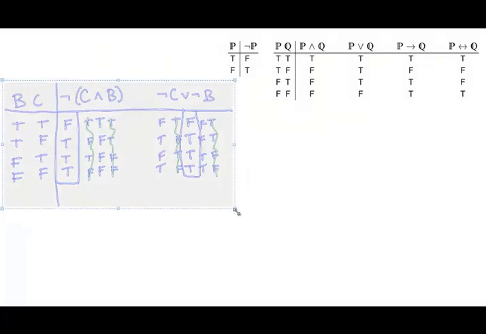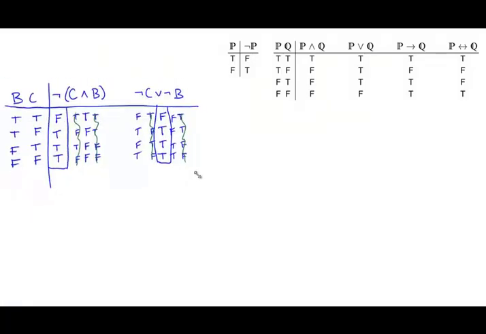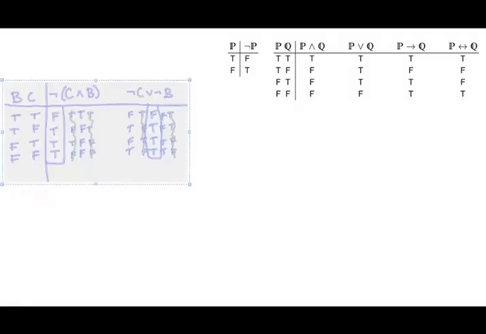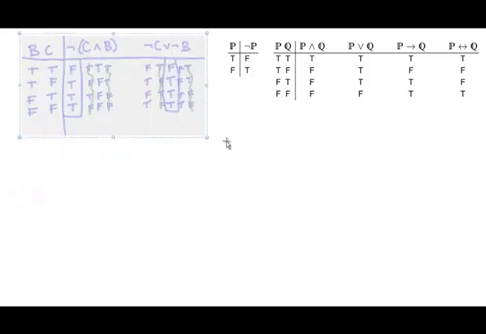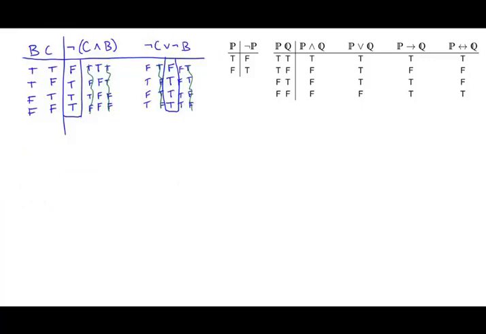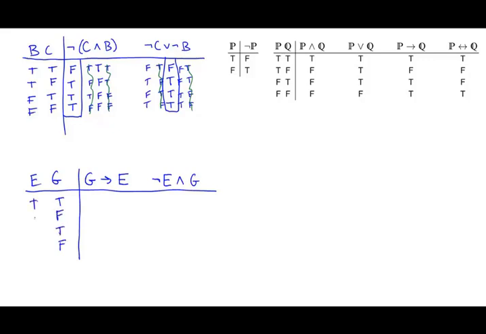Let's take this, shrink it down a teeny bit, move it out of the way, and let's look at another example. So two simple sentences, G arrow E, and not E and G. We can generate a joint truth table. Copy over the basis columns.